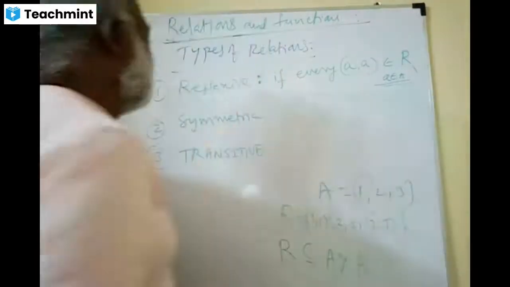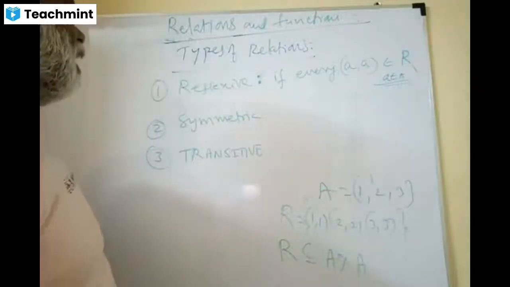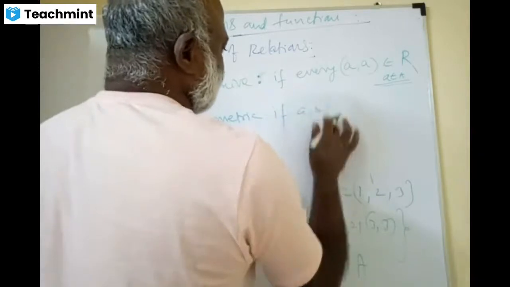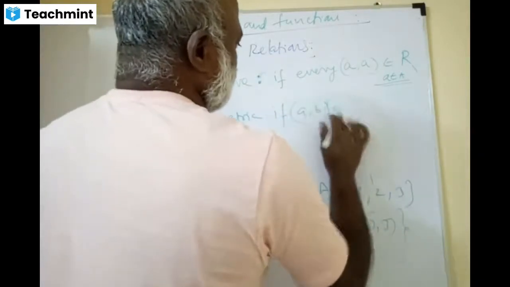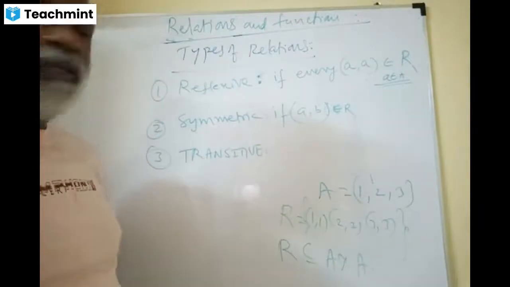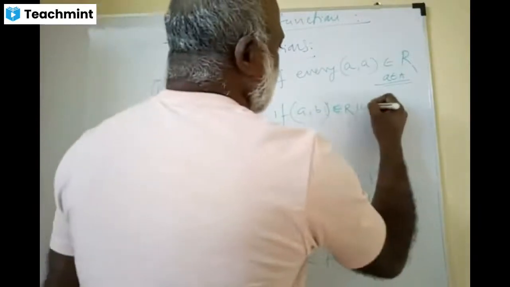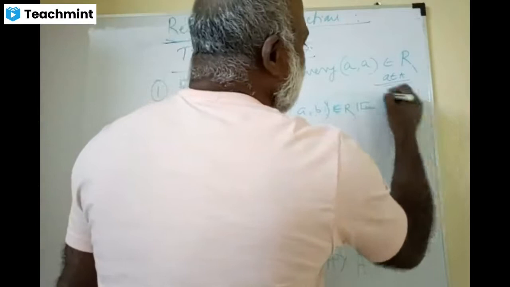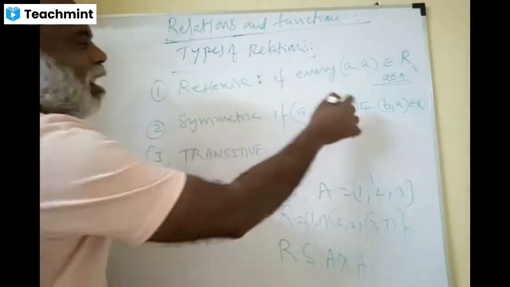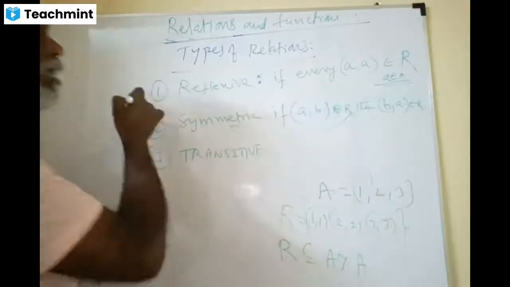Coming to the definition of the symmetric relation: if (a, b) belongs to R, then (b, a) also belongs to R. We say that this particular R is called symmetric.